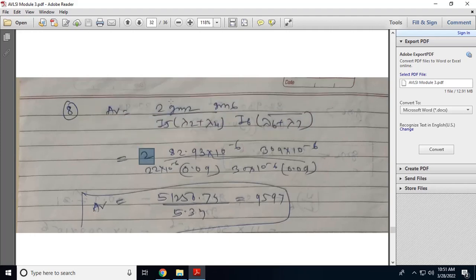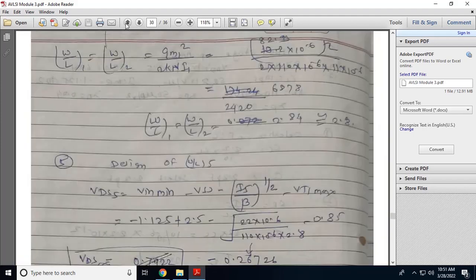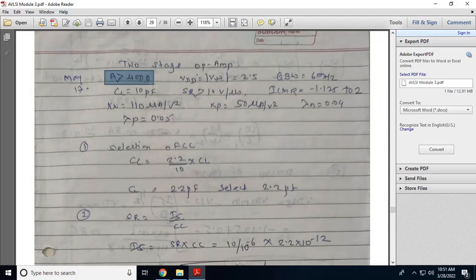So 2 is a constant, Gm2 is 82.93 micro Siemens, Gm6 is 309 micro Siemens, I5 is 22 micro, lambda 2 plus lambda 4 is 0.04 plus 0.05, that is 0.09, I6 is 30 micro, and lambda 6 plus lambda 7 is 0.04 plus 0.05, that is 0.09. So the voltage gain is equal to 9597. So we got the voltage gain that we required, which is greater than 4000.